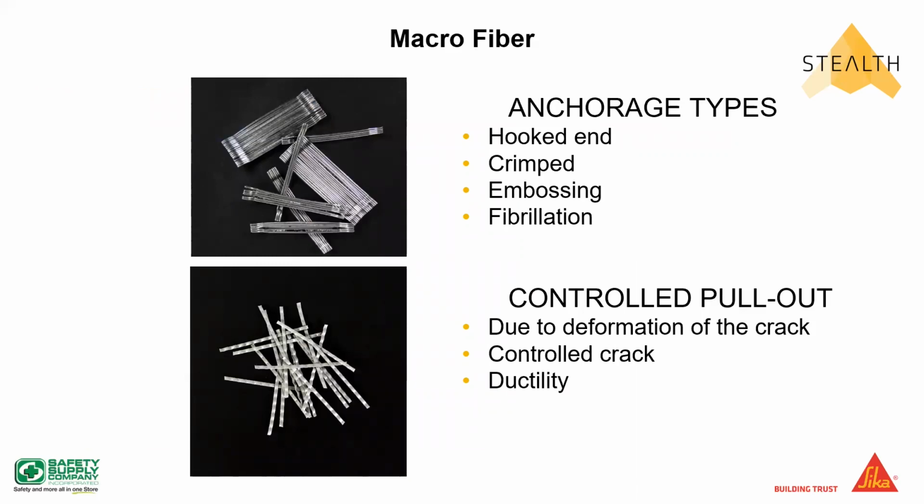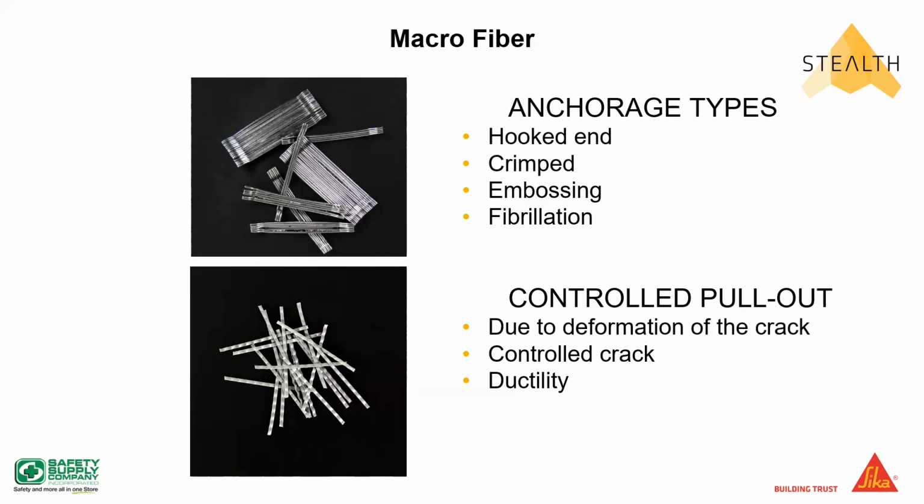As far as anchoring types, one of the most common fibers on the market right now is that single hooked-end steel fiber that you see there at the top. There are all different types. It can be crimped, embossed. As I told you, it can be fibrillating, meaning, with the macro fibers, that it's fraying along the strand of the fiber, or it's splitting at the ends of the fiber.